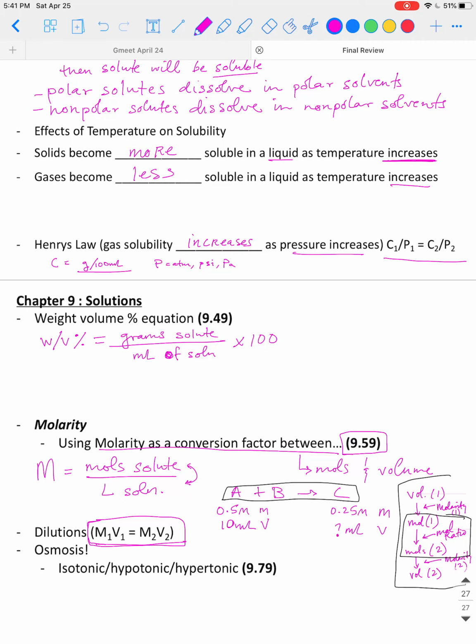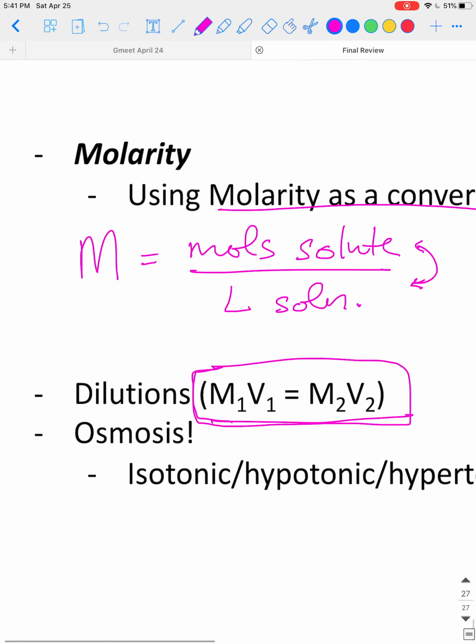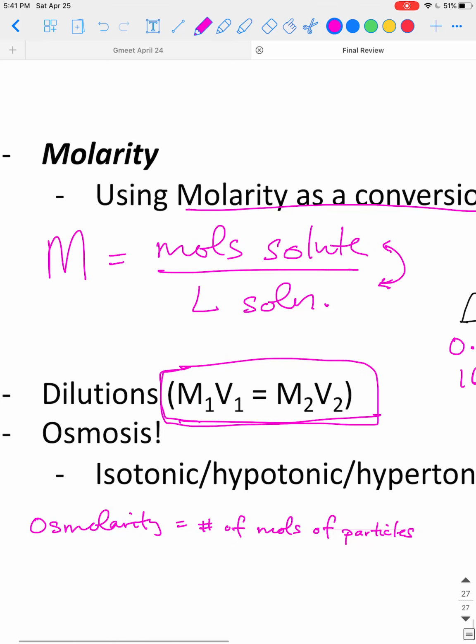Osmosis is the last big topic from Chapter 9 to make sure you are familiar with. So understanding units of osmolarity. Notice I did not put equivalents on here, but osmolarity, which is number of moles of particles.